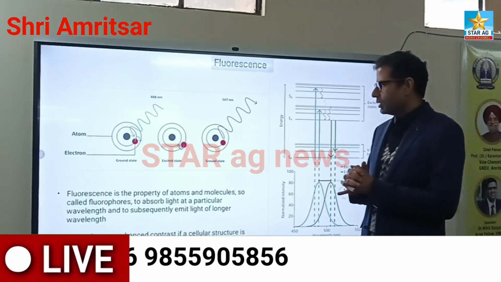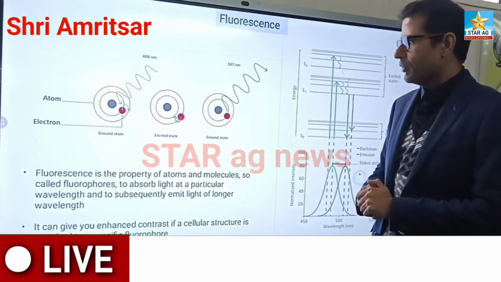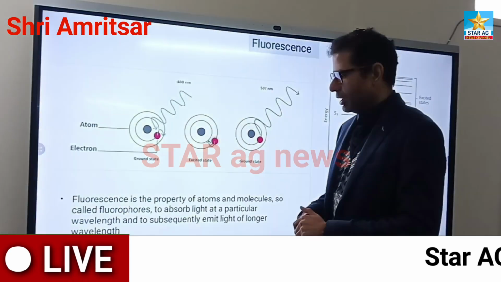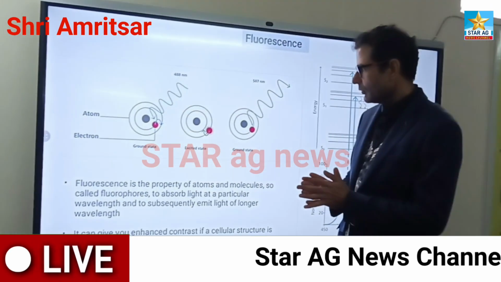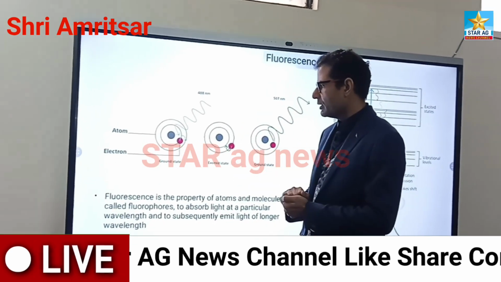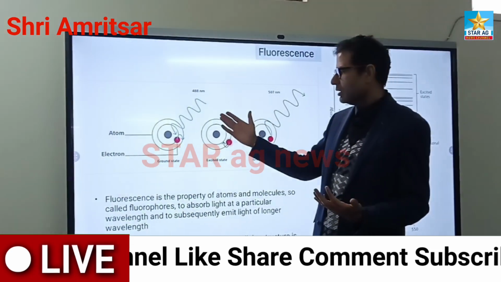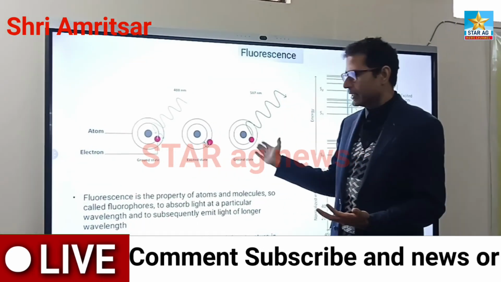We learn about the atomic model, where we know that atoms consist of a nucleus with electrons going around them in the form of orbitals. What happens when you shine light on an atom? The electron jumps from one orbital to another, let's say from the ground state to an excited state.